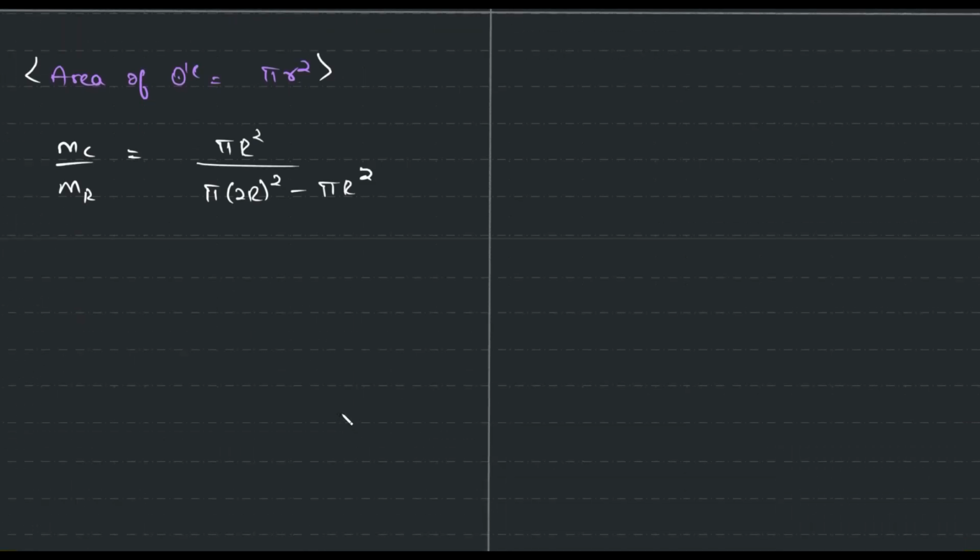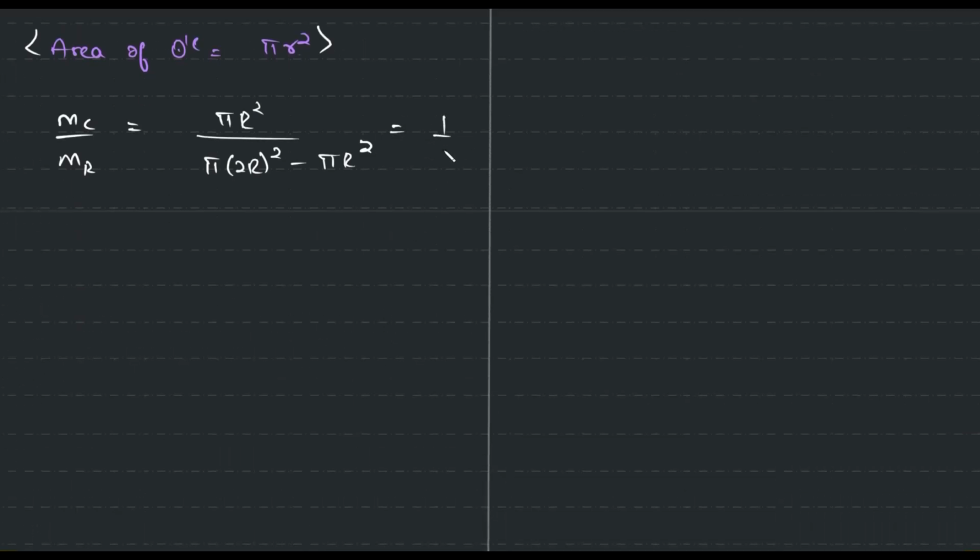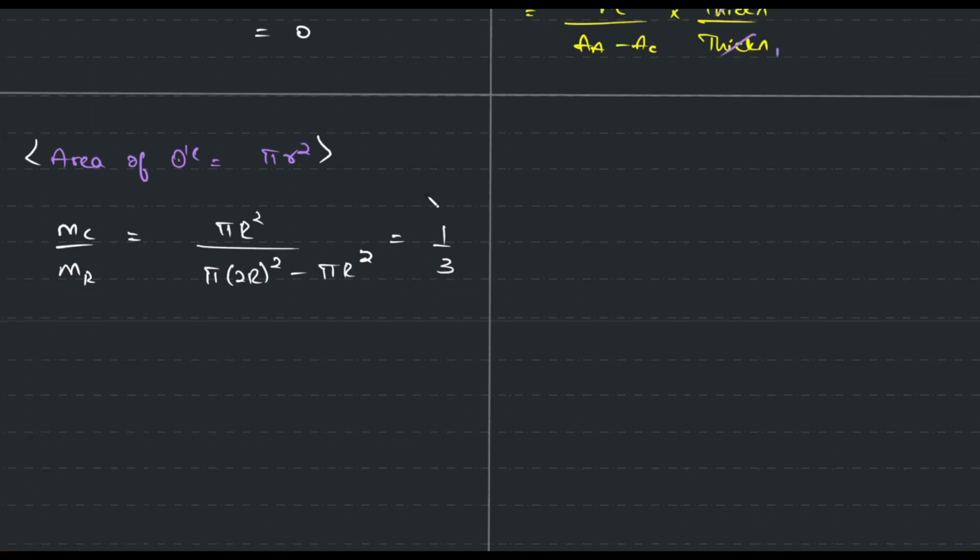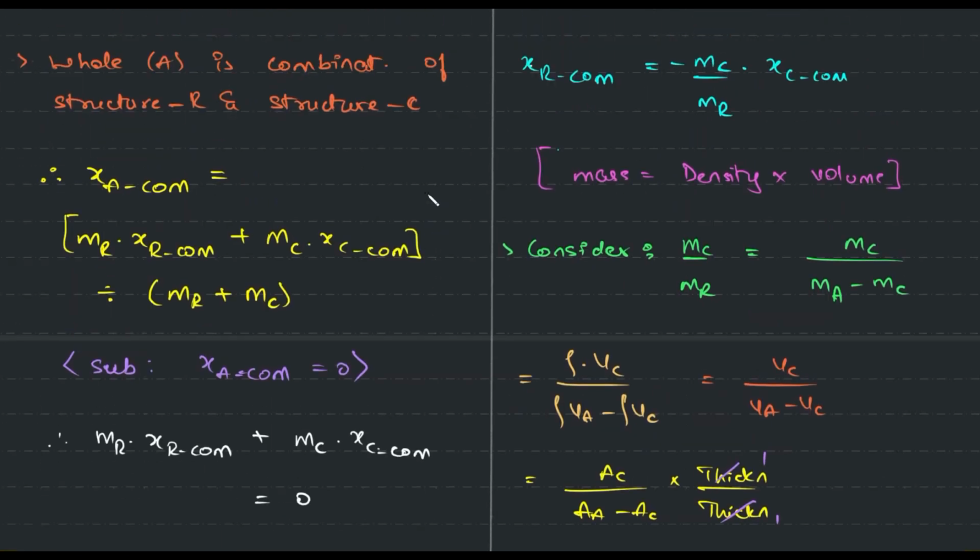So if I solve this a bit, I'll get 1 by 3, right? Pi gets cancelled. This is 1. This is 3r square. So r square gets cancelled. This is 1 by 3. You guys agree? So this ratio is 1 by 3.